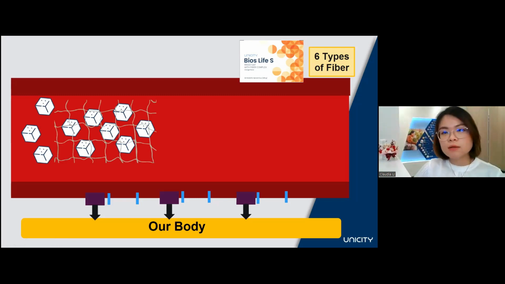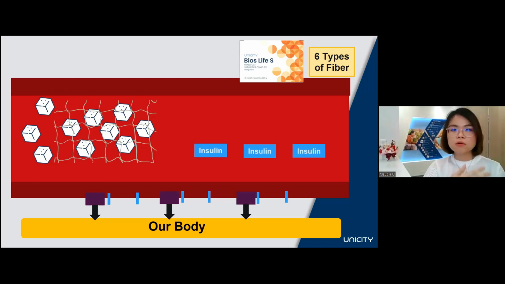What fiber does is that it absorbs and traps sugar, so our body cannot absorb all of it fully. Only small amounts of sugar can be released into the blood. As a result, rather than having 10 sugar molecules, now only 3 are here. So our body naturally only produces a sufficient amount of insulin to match the 3 molecules of sugar here.